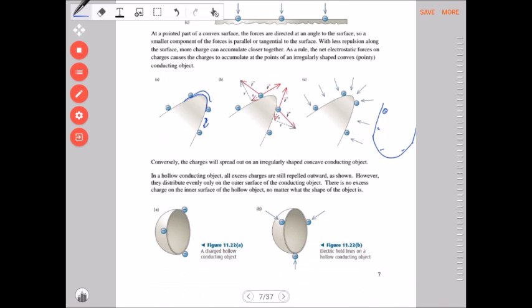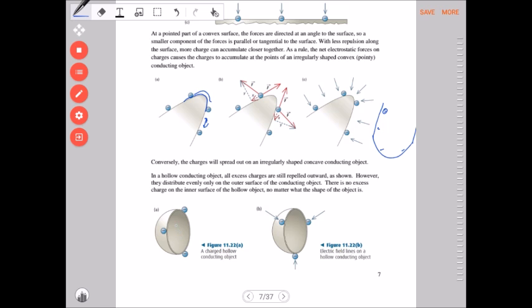Now, last little bit I want to talk about with these. In a hollow conducting object, all the excess electrons are still repelled outward, as shown. However, they distribute evenly only on the outer surface of the conducting object. There is no excess charge on the inner surface of the hollow object, and that happens regardless of what shape the object is.